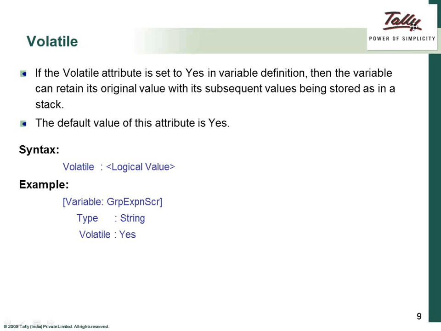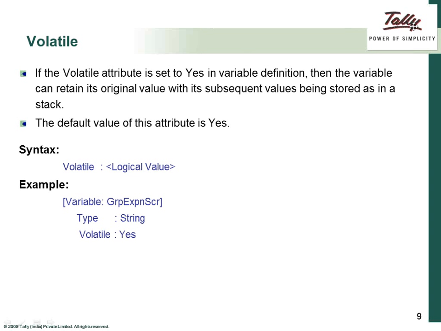So as I said, at any given point of time, a variable holds only one value. So to stack this value into a LIFO method, a variable attribute called volatile should be enabled. Now the question is, do I have to mention volatile yes every time for every variable in case I want this behavior?